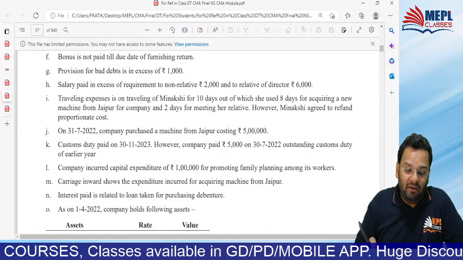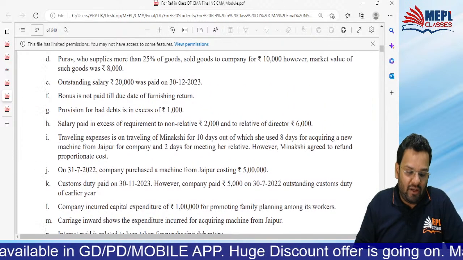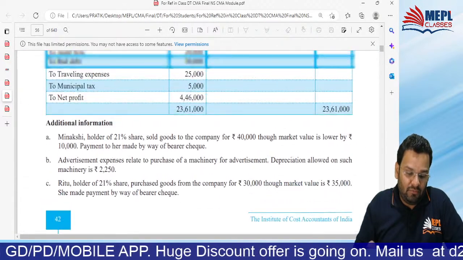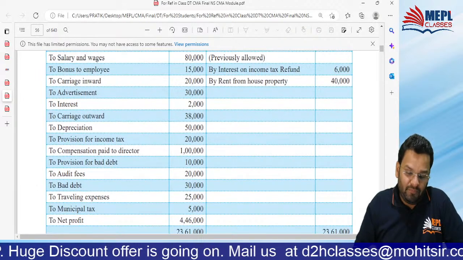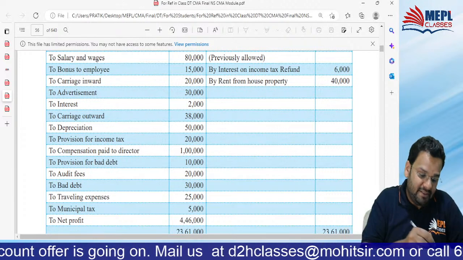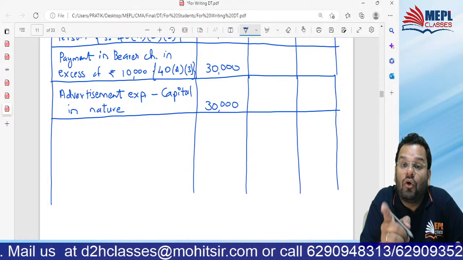Bonus is not paid till due date of furnishing return. Now check what's the bonus amount. Bonus amount is 15,000. Please add that according to section 43B.